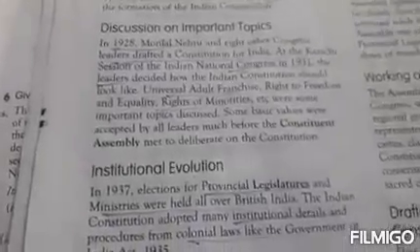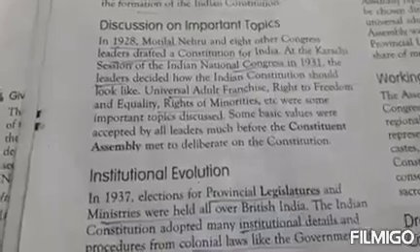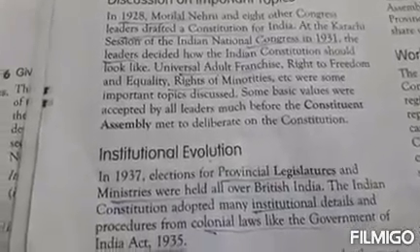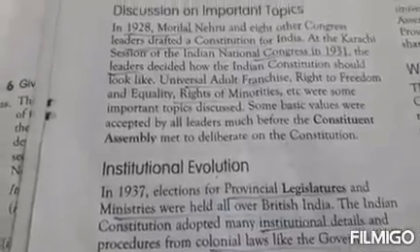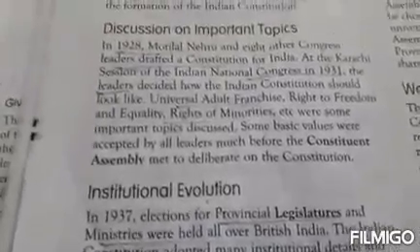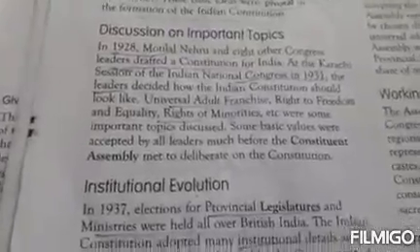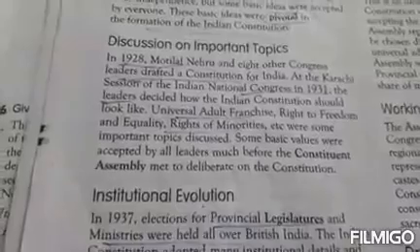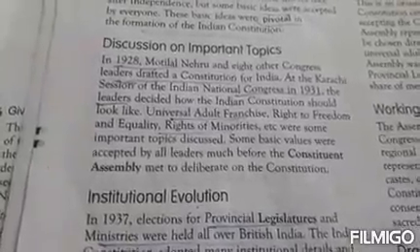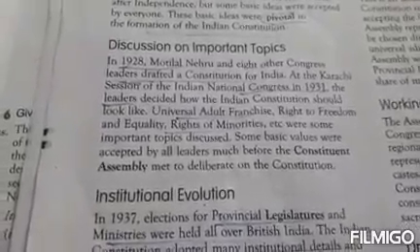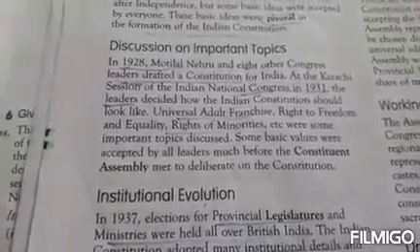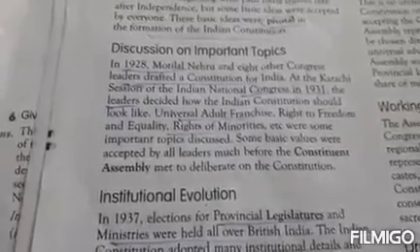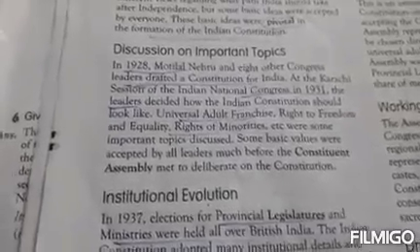Number four is our constitution adopted many good laws from the colonial rule, the British Government of India Act 1935. So our constitution adopted many good laws from the British government, and applied many laws from while the country was under the British government.